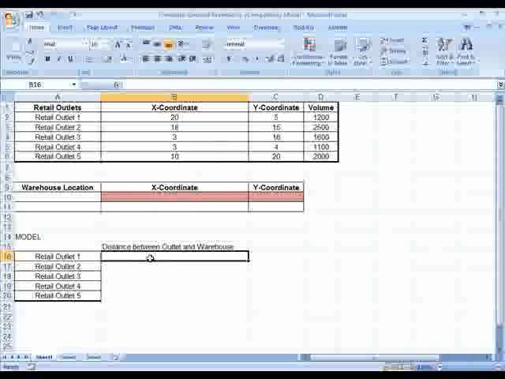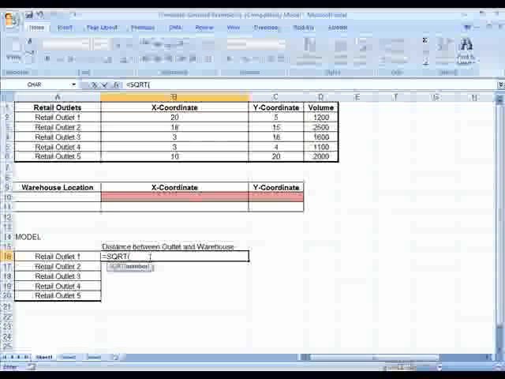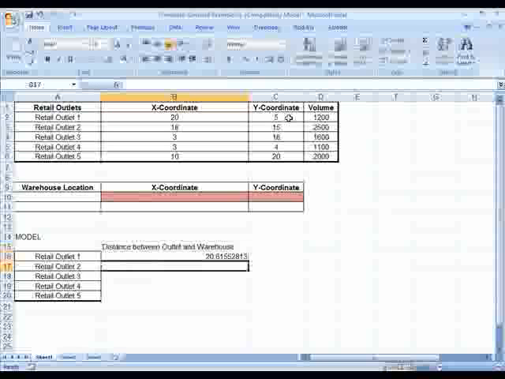So again, that distance simply, if you remember, is the square root of the difference between the x coordinates squared plus the difference between the y coordinate of the warehouse and the y coordinate of the retail outlet squared. All right, so that will give you the distance between retail outlet 1 and the warehouse location.